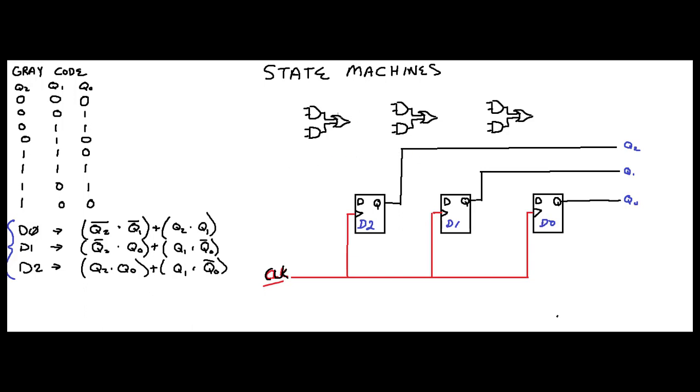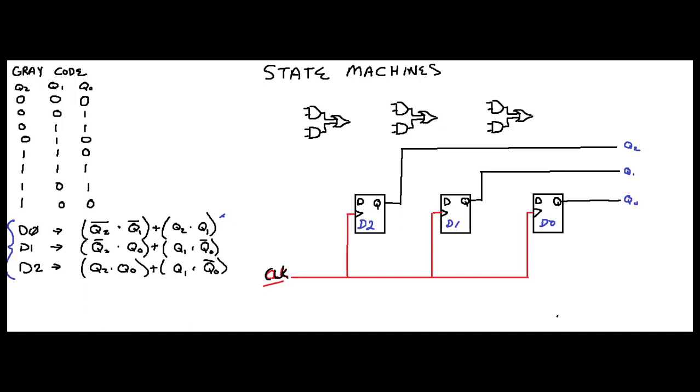Now, each one of these expressions has 2 AND gates. I'm looking right down here, okay? We have 2 AND gates, and they're ORed together. So that's why I drew 3 of these groups, okay?